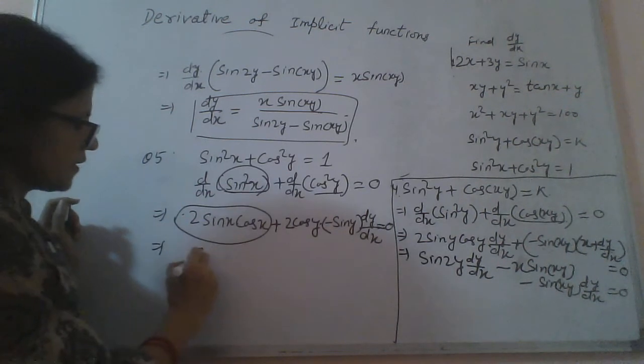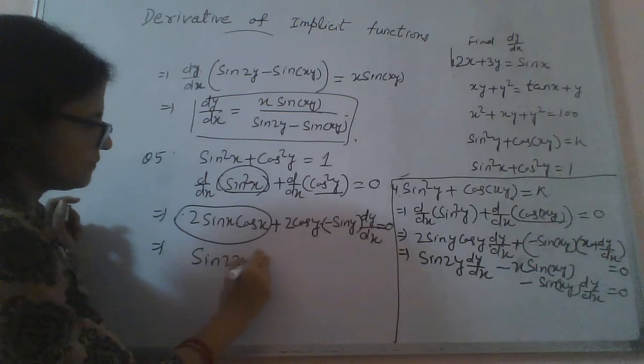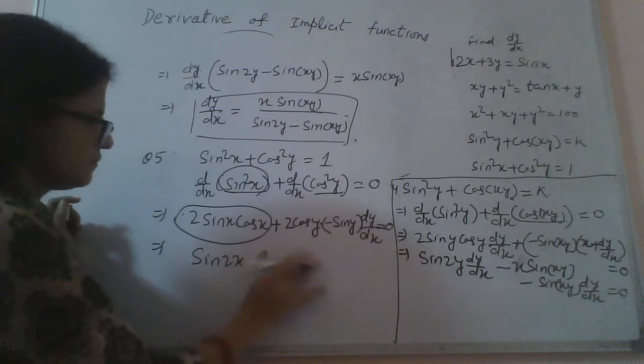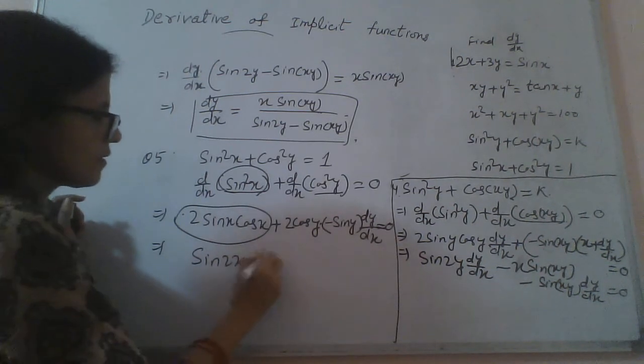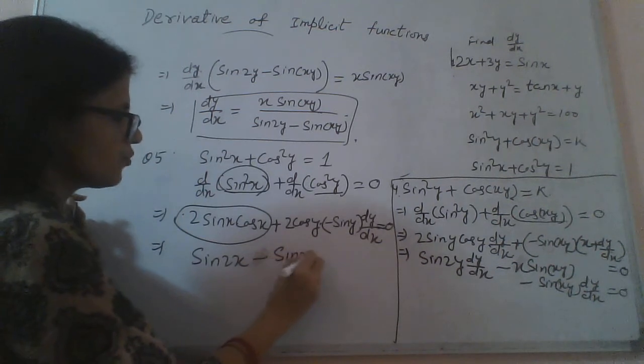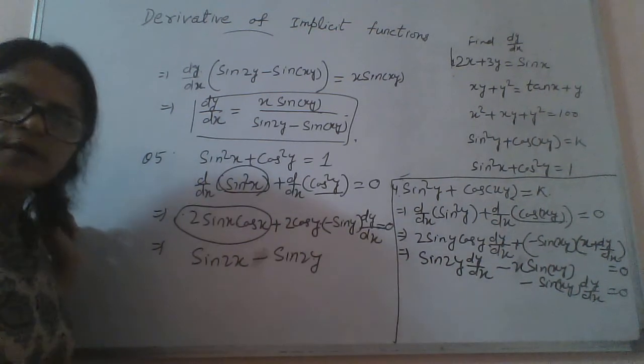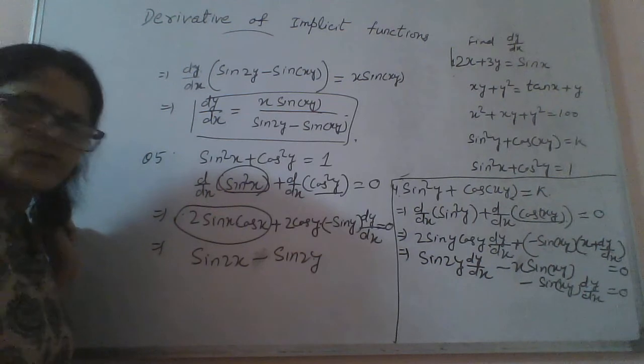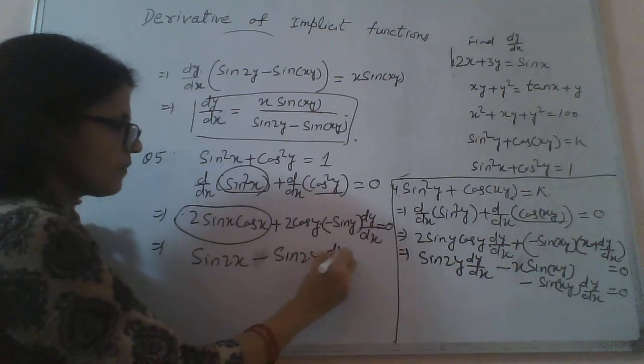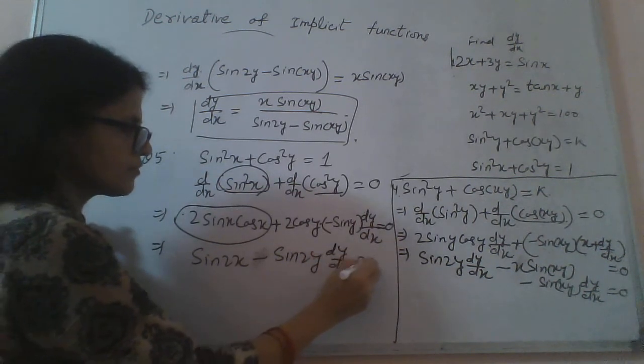So this thing is sin 2x minus sin 2y. Okay, 2 cos y into sin y, that is sin 2y, dy by dx equal to 0.